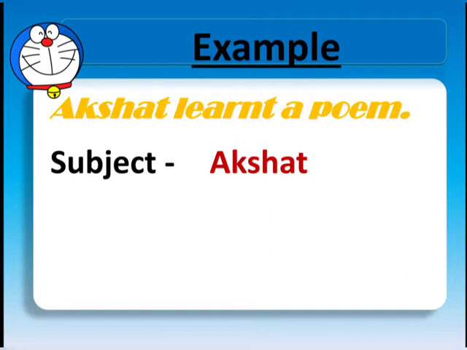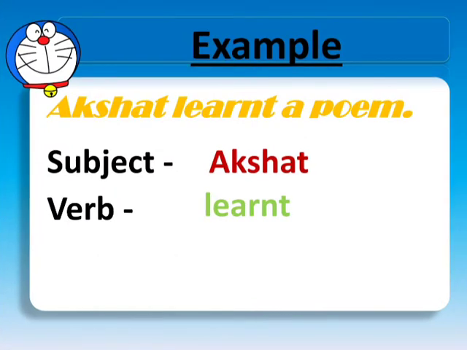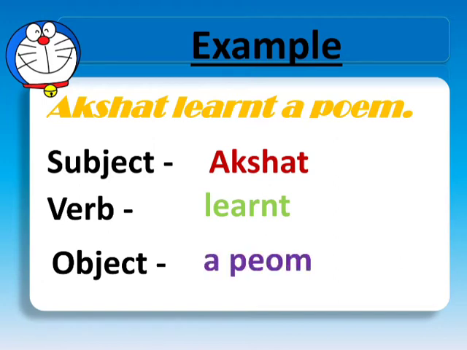And what work is Akshat doing? Akshat learnt. So verb is learnt. And now let's talk about object. Something which is affected by the subject is called object. So what is affected? A poem. So a poem is the object here.